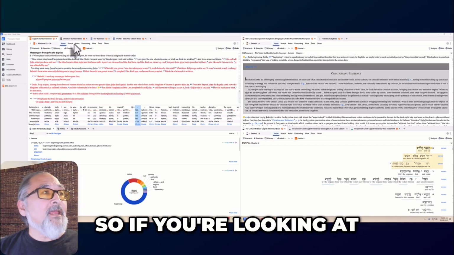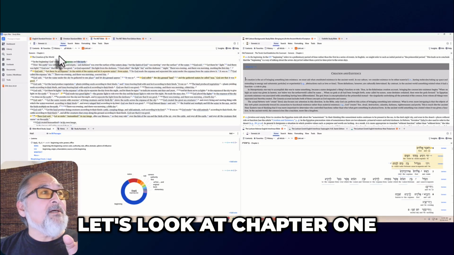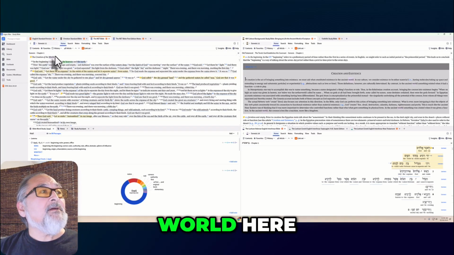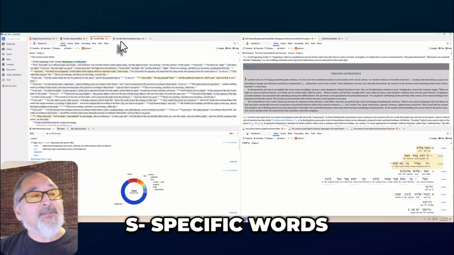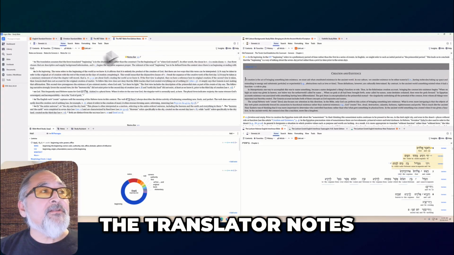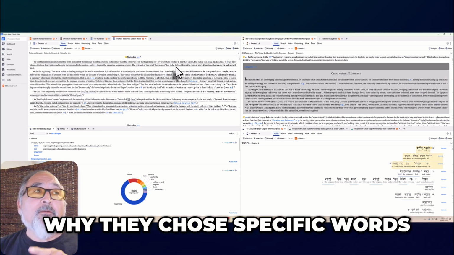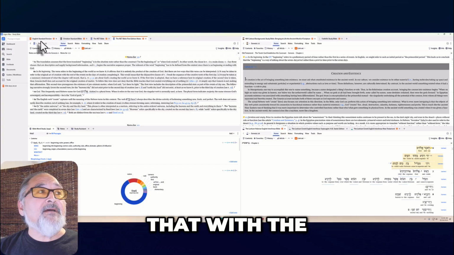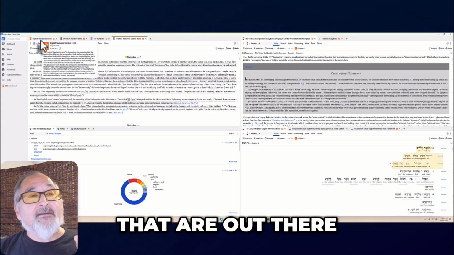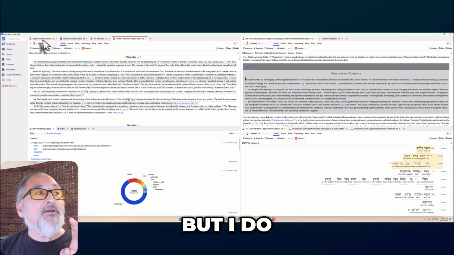So if you're looking at, in this particular case, chapter 1, the creation of the world here, and you want to know why the translators pick specific words, if you go to the translator notes, they will tell you why they chose specific words. It's always nice to have that. You don't really have that with the other Bibles that are out there. So this is convenient for that. But I do like that.